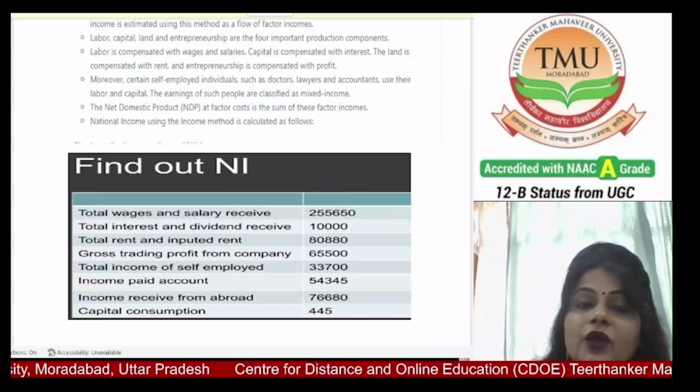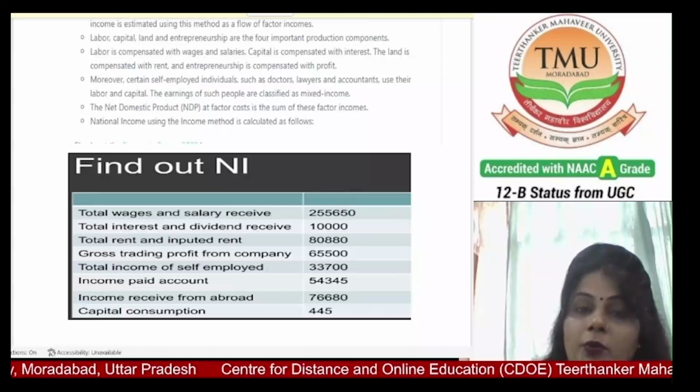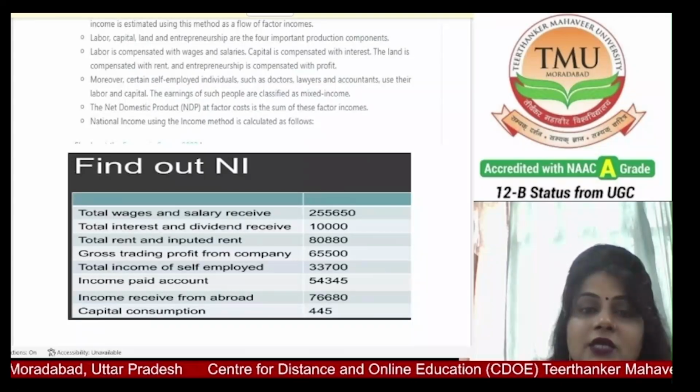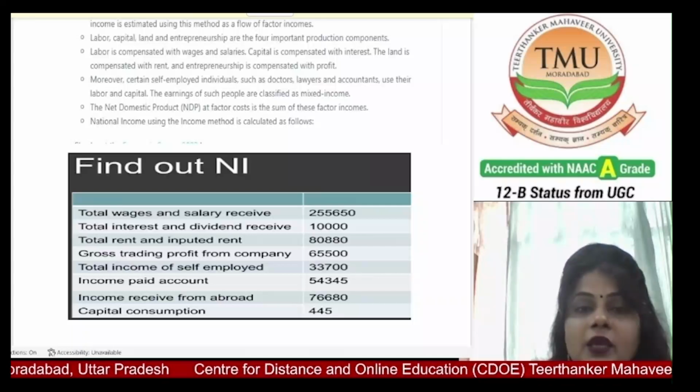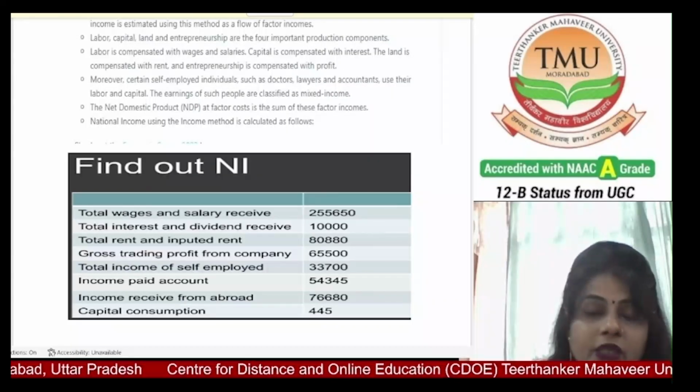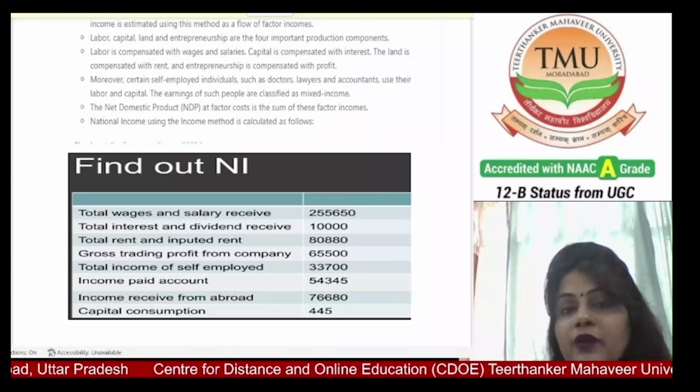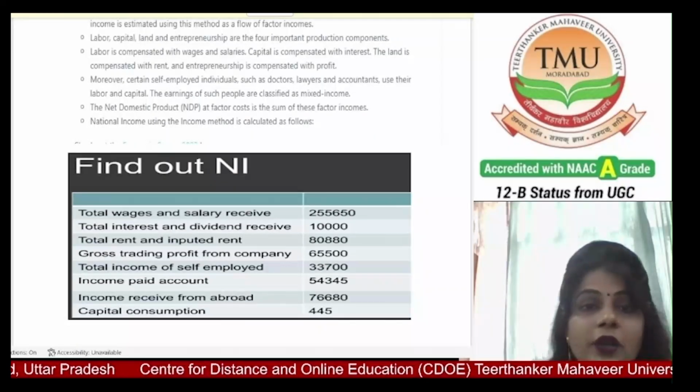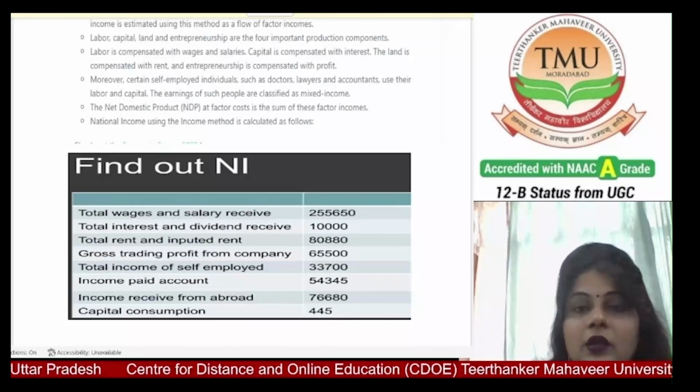However, any commissions or brokerage on such assets is included in national income as it is a productive service. Then, windfall gains will not be included.